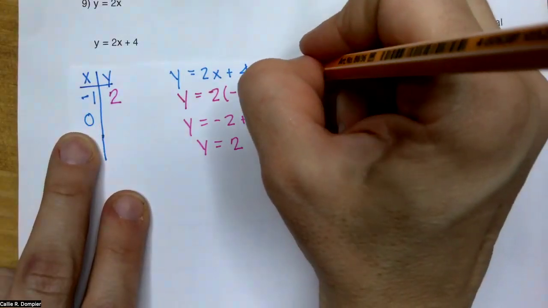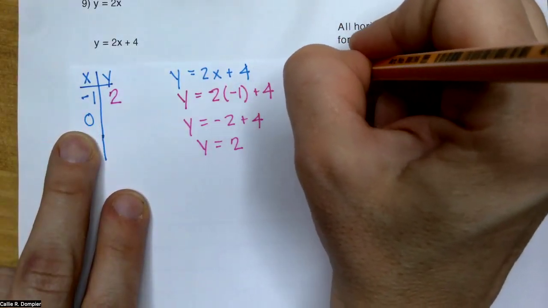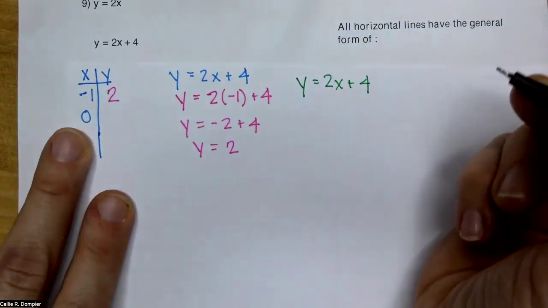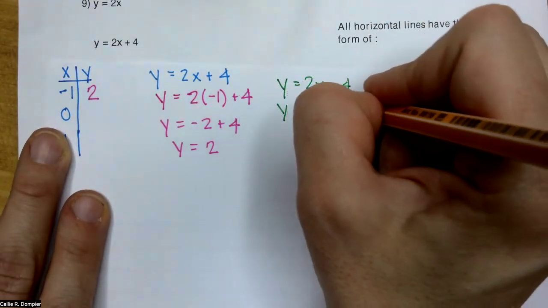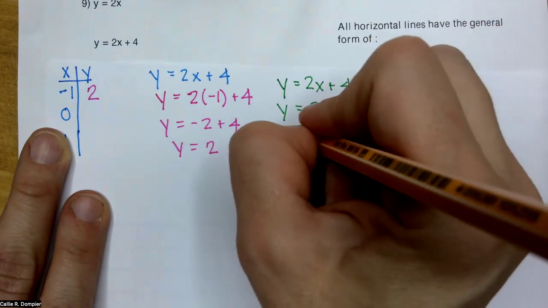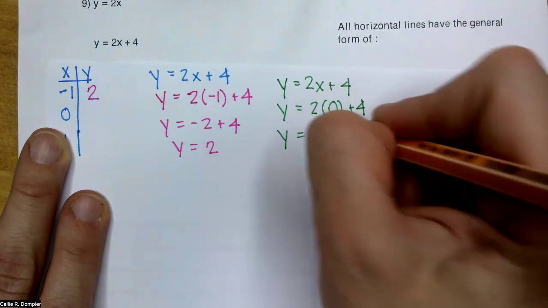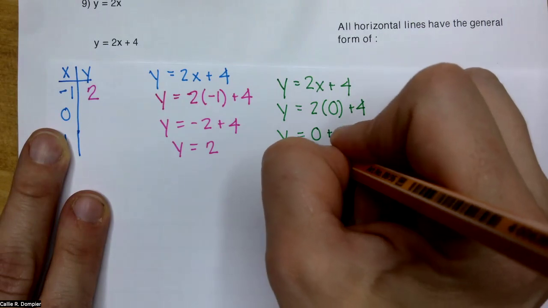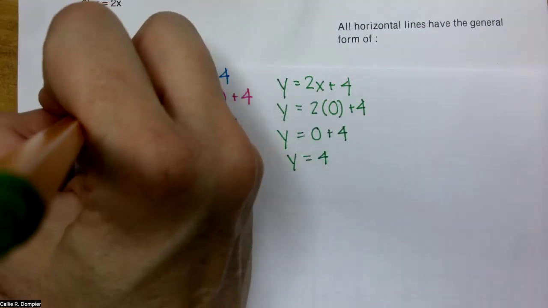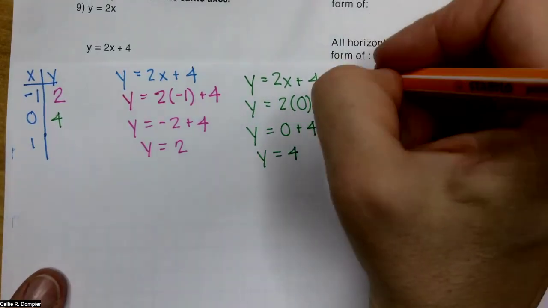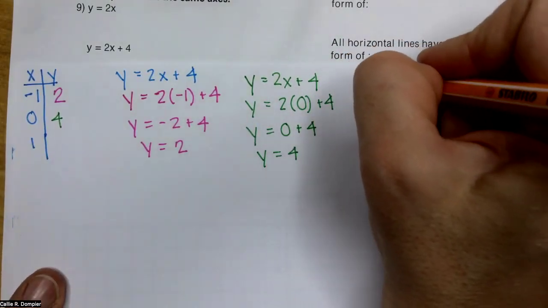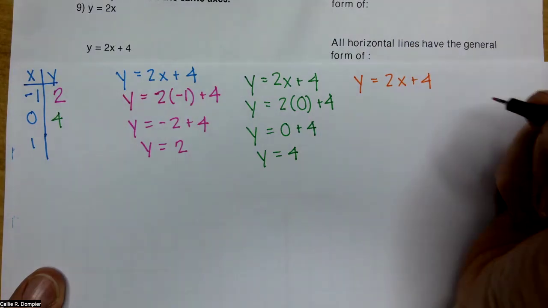Now I'm going to do 0. Y equals 2x plus 4 when x is 0. Y equals 0 plus 4. Y equals 4 when x is 0. Then our last one, y equals 2x plus 4 when x equals 1.